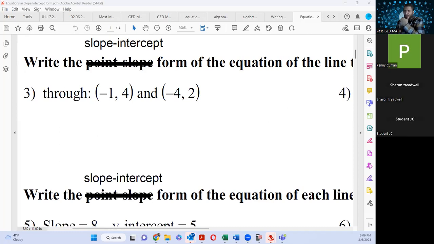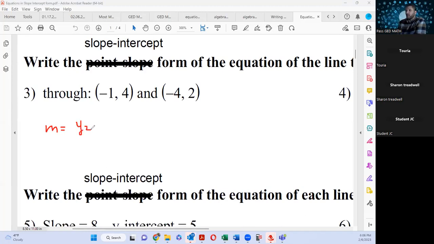We need to get slope first. Use the formula. What formula? The x1, y1 formula. M equals y2 minus y1 over x2 minus x1. So make sure we understand what order it's in.